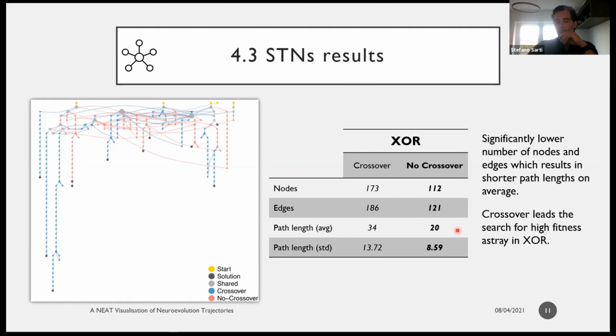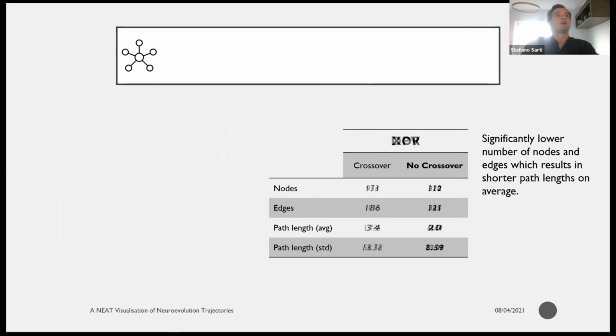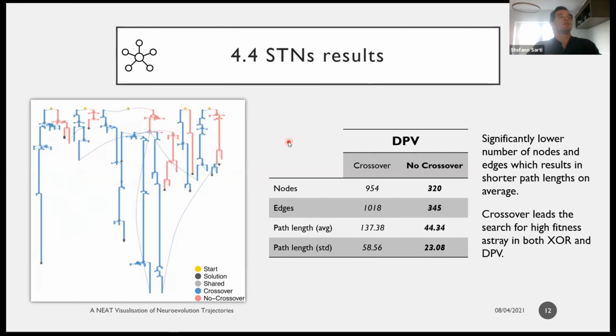This is for XOR. We then moved on to test for double pole balancing. As you can see here, much clearer, we start from the same location because they're seed controlled, and then the evolutionary process starts, and it splits into the two variants.